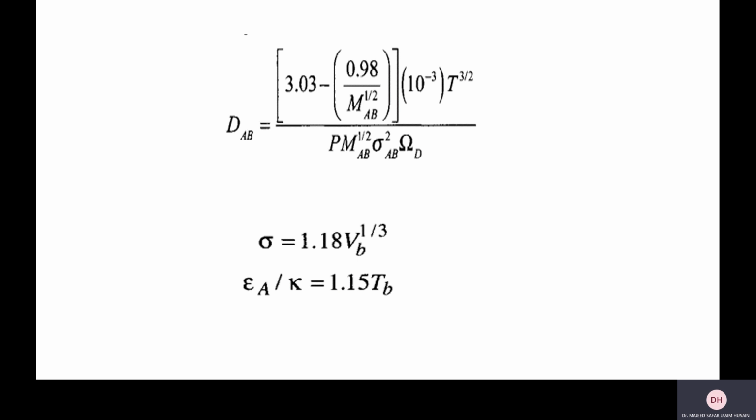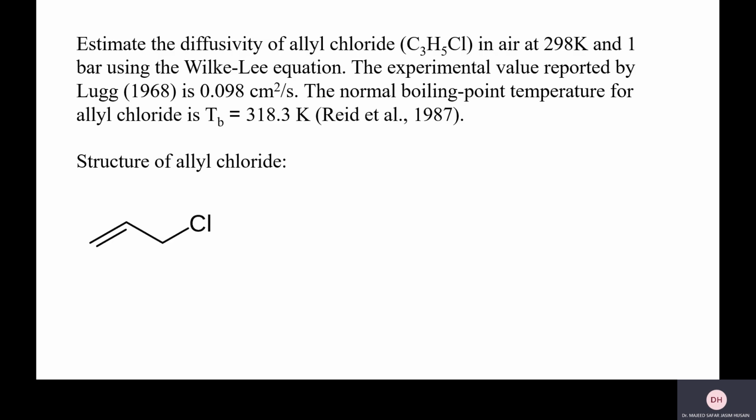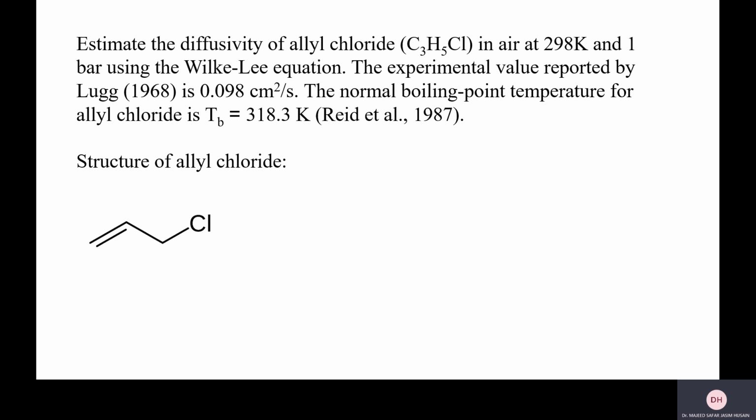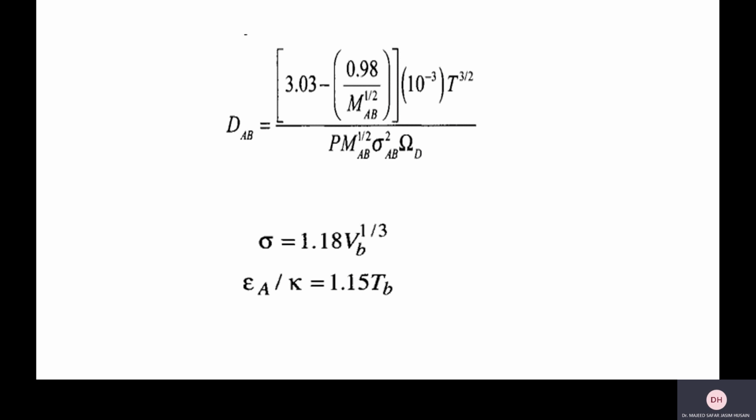The temperature in the system was given to you. It is 298 Kelvin. And according to the parameter, it should be in Kelvin. Then divided by pressure. Pressure is given to you in your question. It is 1 bar, and if you go and see the units for pressure, it should be in bar.